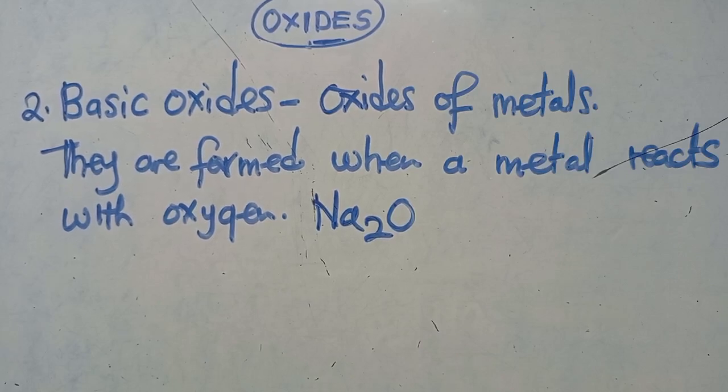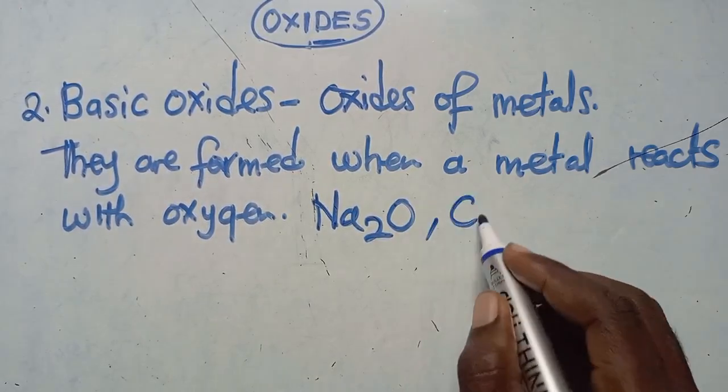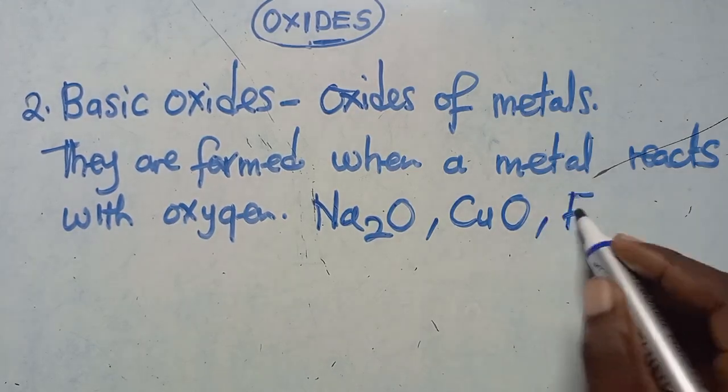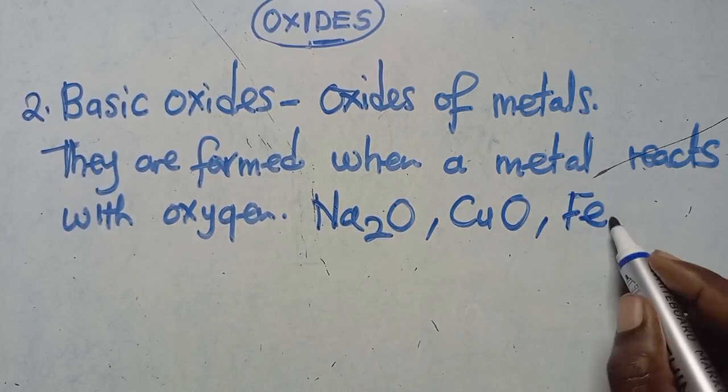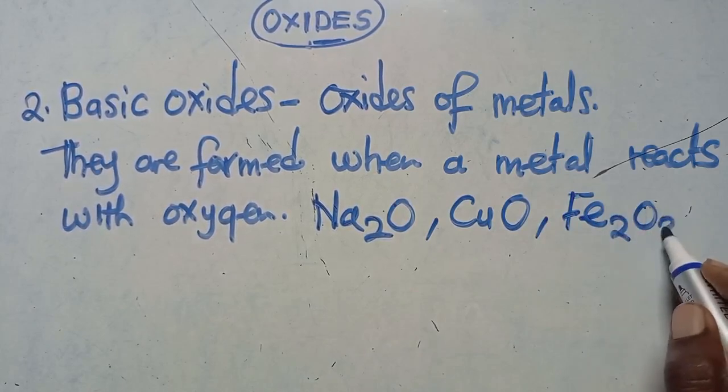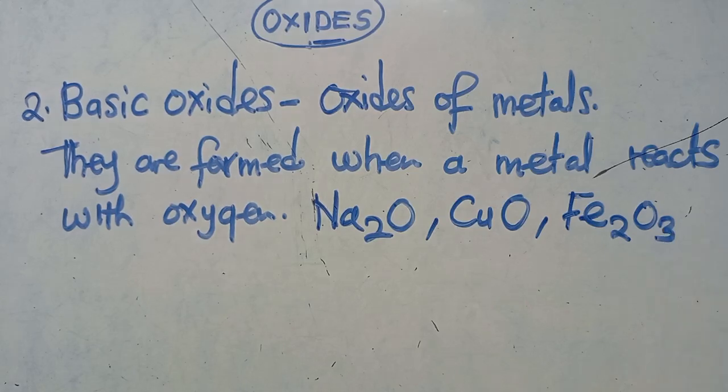We can talk of copper(II) oxide. We can also consider iron(III) oxide. These are examples: calcium oxide, magnesium oxide, potassium oxide. All those are examples that you are supposed to know.